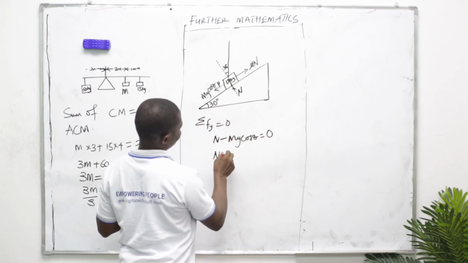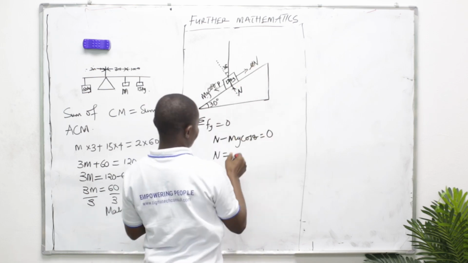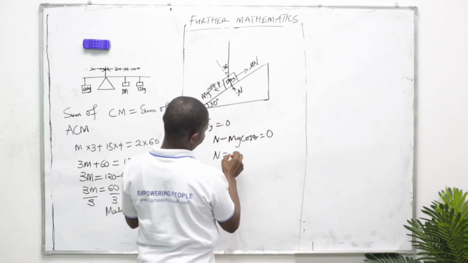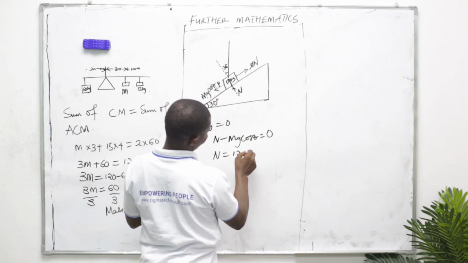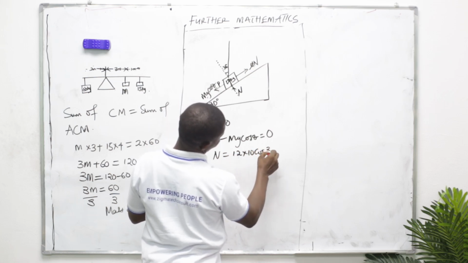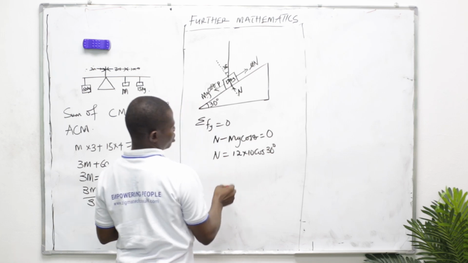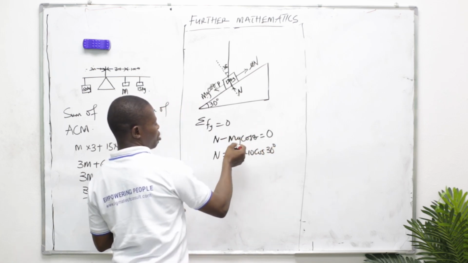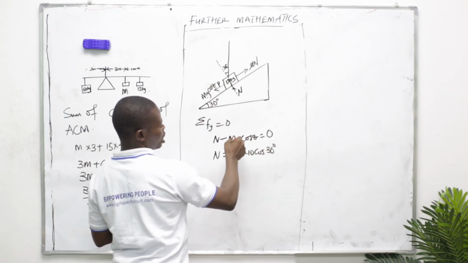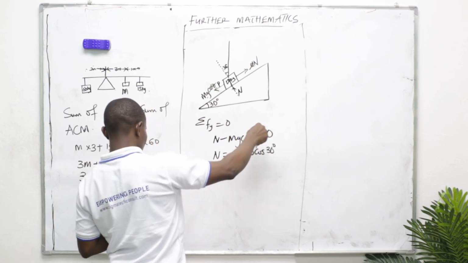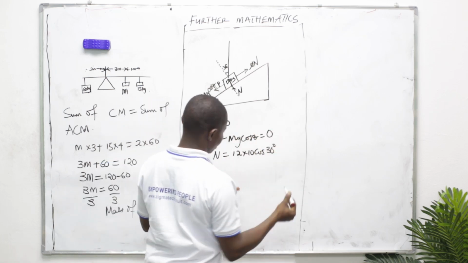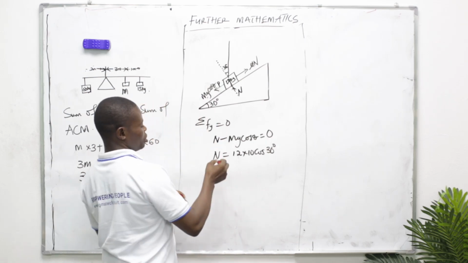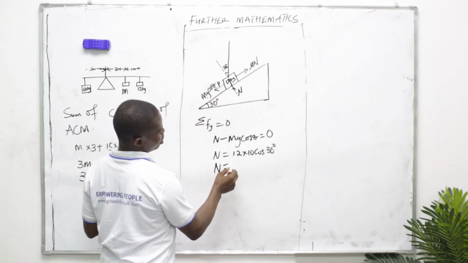What's the mass? 12 times 10 cos 30 degrees. If you transfer this, N becomes 0 plus mg cos theta. 0 plus any number maintains that same number, so no need of wasting our energy.